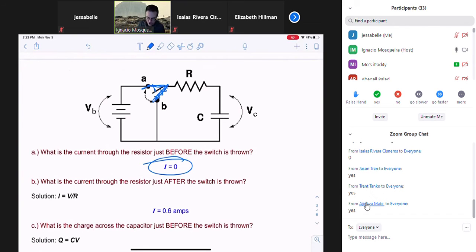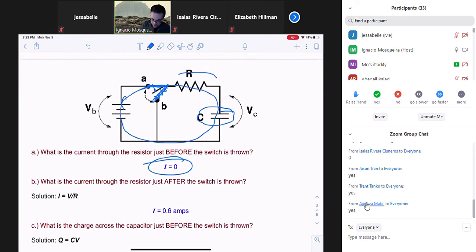But in any case, in this problem you start out with 0 charge because you were at B for a long time. You fully discharge the capacitor, whereas in the one above, you fully charge the capacitor. Since it's fully discharged, there is no voltage across the capacitor at time t equals 0. The voltage is 0. So once you close it here, you can go around the loop.